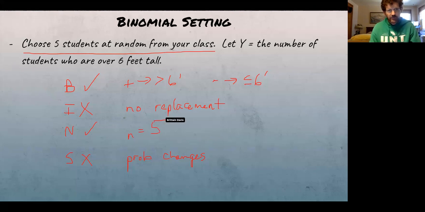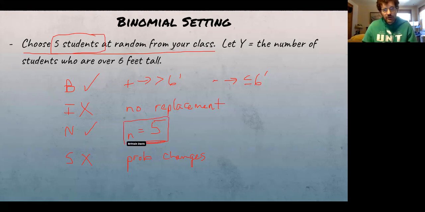N is 5. There are 5 students, so it does have a set number of trials. It seems kind of simple here, but like I said, that's going to be very important on Wednesday when we start looking at the geometric probability of something happening. So you have to look for that set number of trials in order to know it's binomial. Okay.